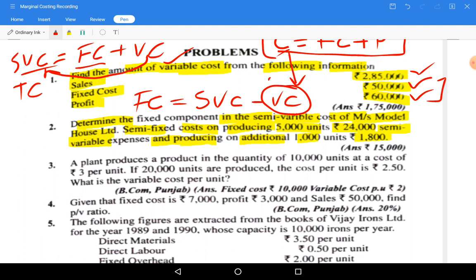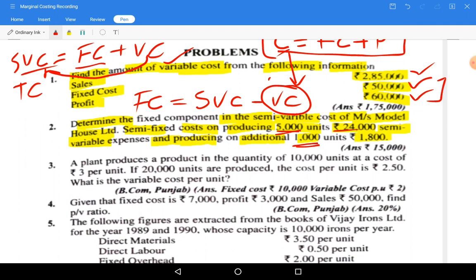Now, do we have variable cost at any point of time? No, we have variable cost for the additional 1000 units, but not in total. And we are having the total semi variable cost for 5000 units, that is 24,000.